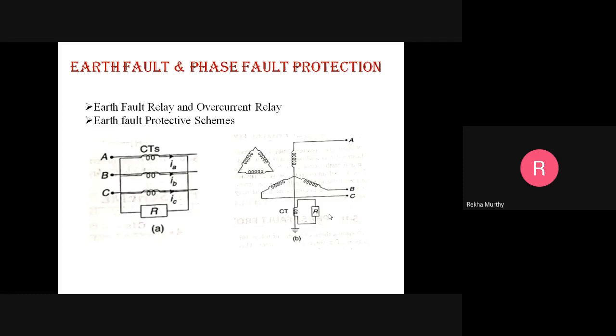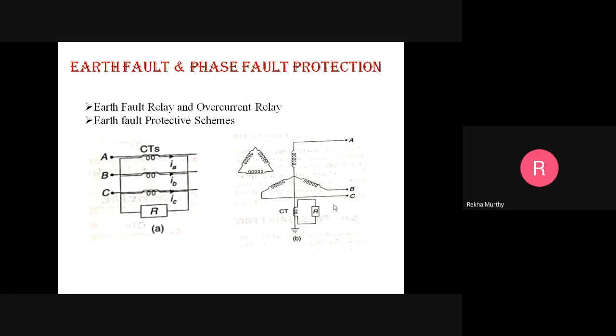The fault which does not involve a ground is called a phase fault. The protective schemes used for the protection of an element of a power system against an earth fault are called earth fault protection. Similarly, the scheme used for protection against a phase fault is known as phase fault protection. I hope this is clear.